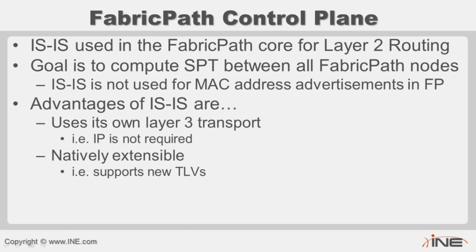But in this case, for the FabricPath application, the TLVs have been extended to advertise the FabricPath switch IDs and the FabricPath forwarding tags, ultimately to exchange the control plane information that's going to allow us to build the shortest path tree. So from a programmatic point of view, instead of reinventing a new protocol, we already have IS-IS. It already runs natively over layer 2, so we just need to define the new TLVs that are going to be used to advertise the control plane information between the leaf switches and the spine switches.